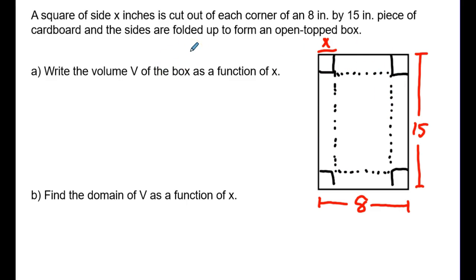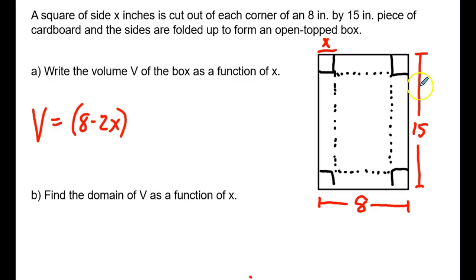For part A, we want to write the formula V of the box as a function of x. So we have the volume is equal to, remember if we're talking about volume of a box, we have our length times our width times our height. After we make these cuts and folds, the width of our box is going to be 8 inches minus x, or we could simply just write 8 minus 2x.